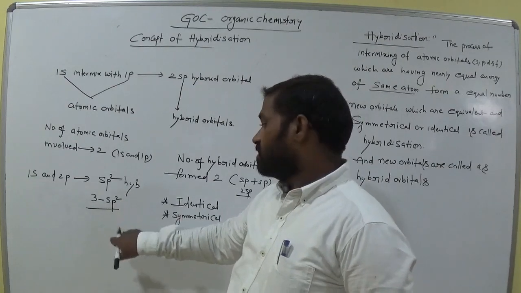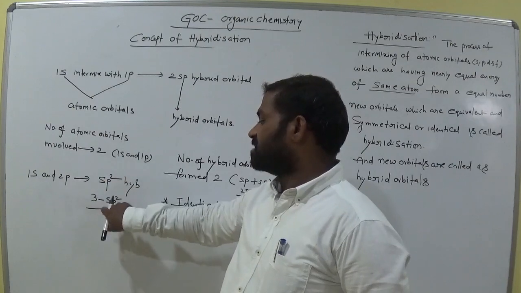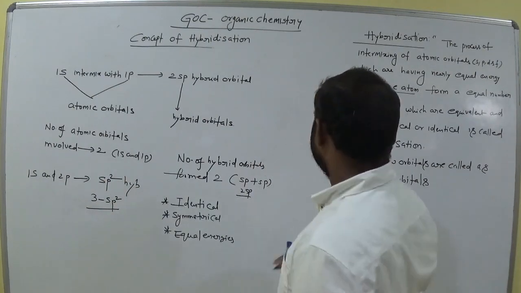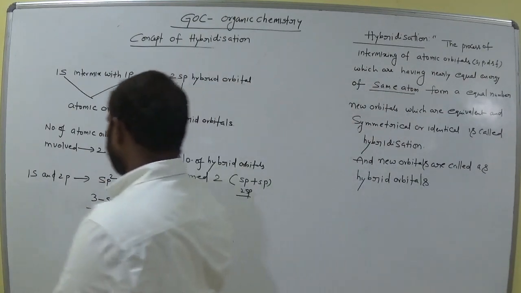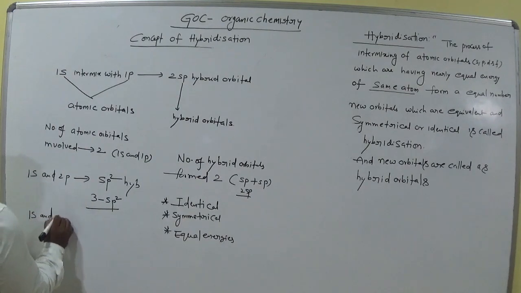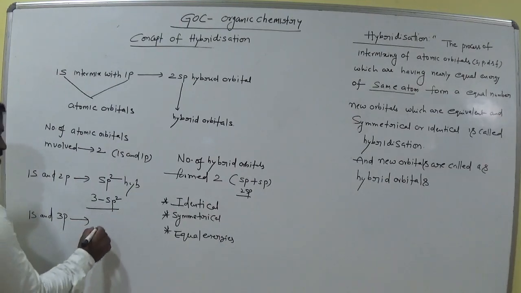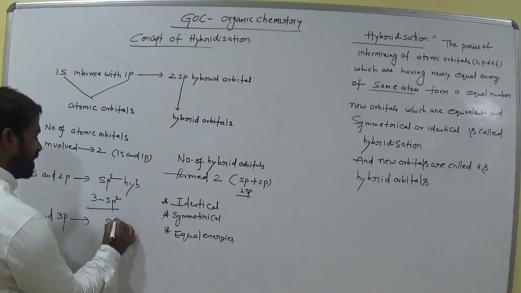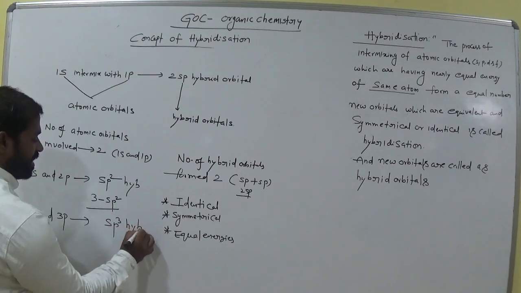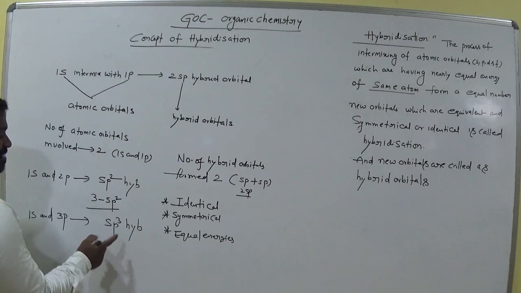Okay, is it clear? So how many hybrid orbitals are formed here? 1 s and 2 p, so we have 3 sp2 hybrid orbitals. Suppose 1 s and 3 p orbitals undergo intermixing, it gives sp3 hybridization. How many sp3 hybrid orbitals are formed? 4. Why?